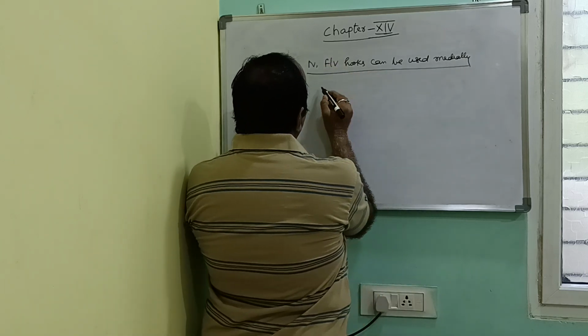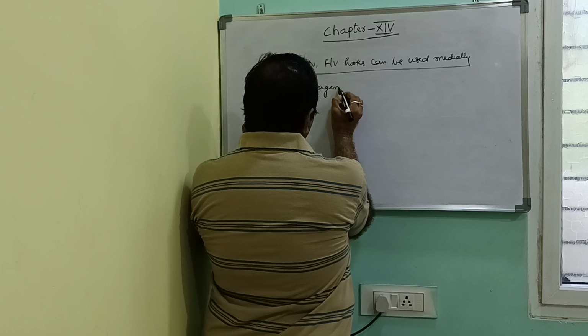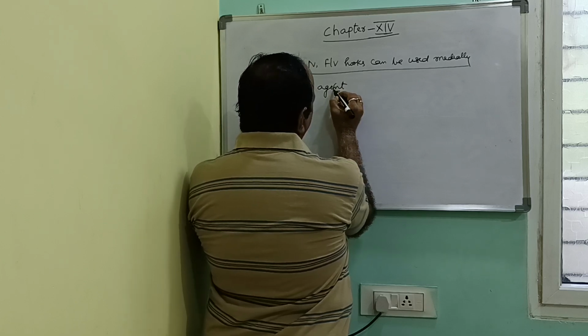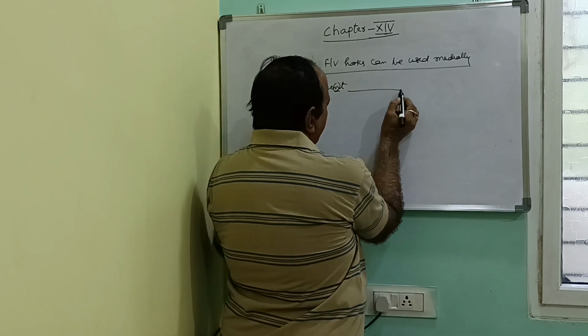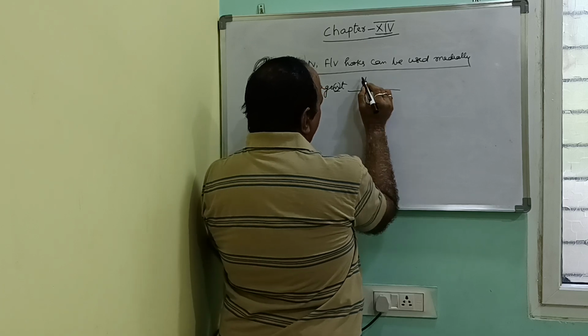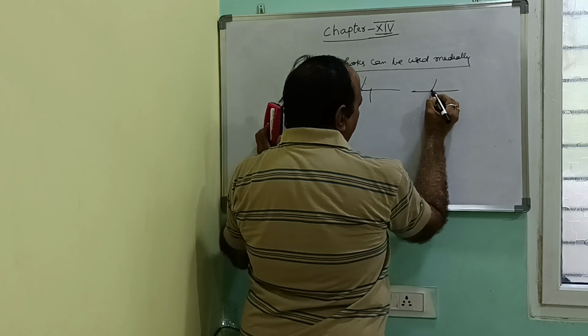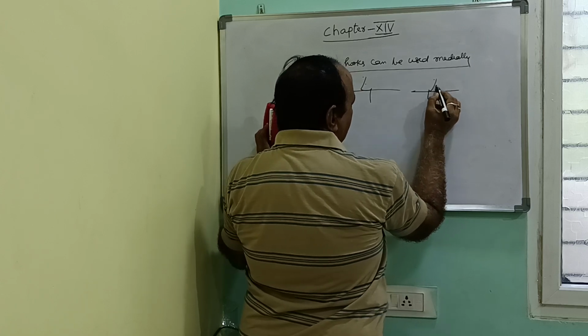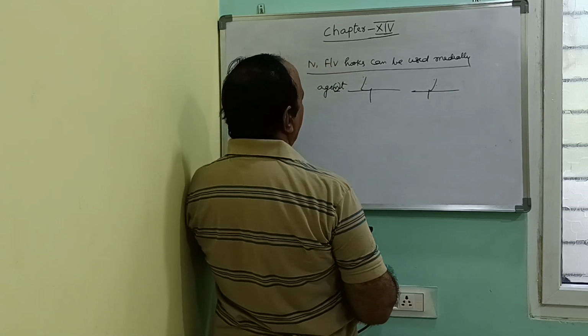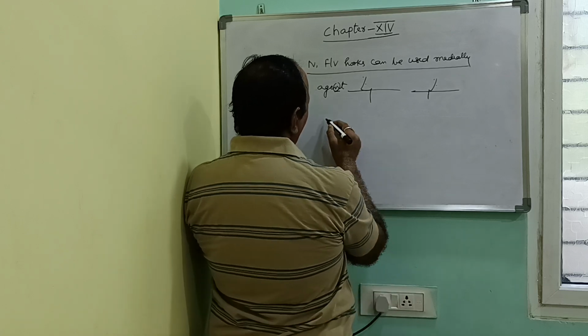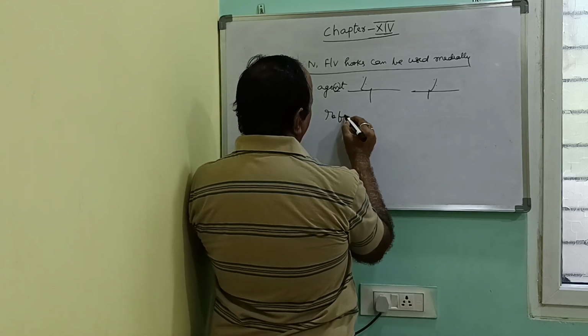See, for example, agent. The sound N has come in between here. Instead of writing like this, you can write like this. Brief the outline. Agent. In the same way, refer.